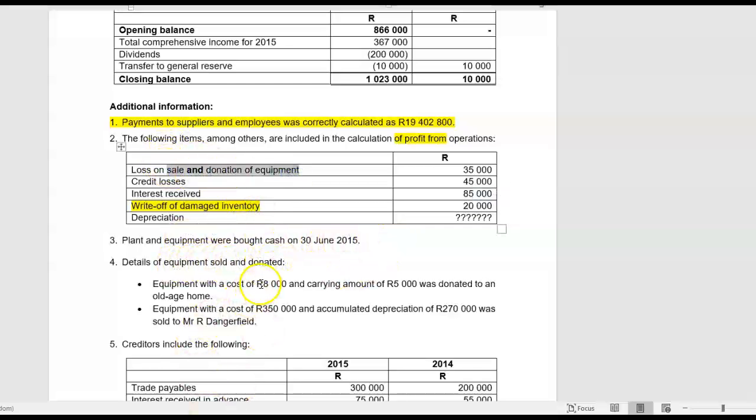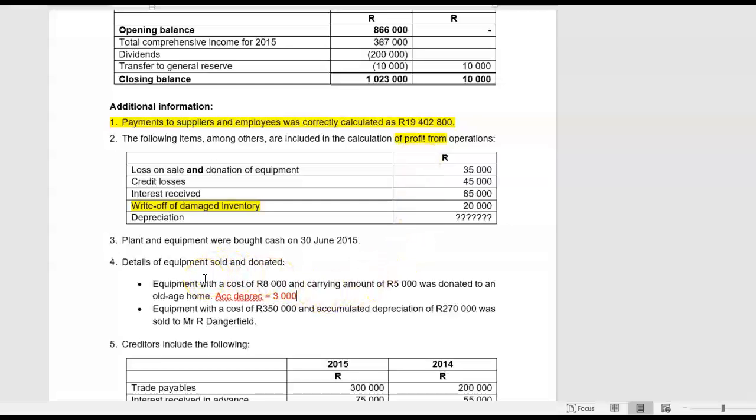Equipment with a cost price of 8,000 and a carrying amount of 5,000 was donated to an old age home. Now, the first thing that we have to see here is that the accumulated depreciation on that was equal to an amount of 3,000. We don't have to do the investing activities, so all we are interested in is the non-cash flow items.